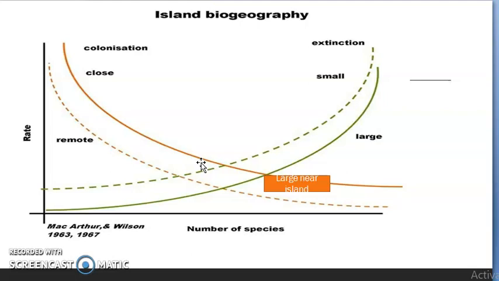Both colonization and extinction can be thought of in terms of rates and their probabilities.